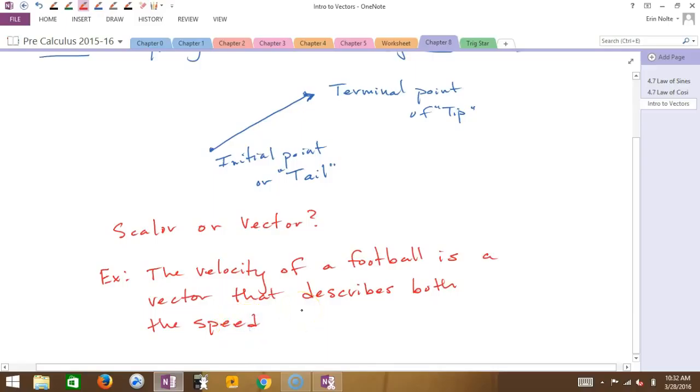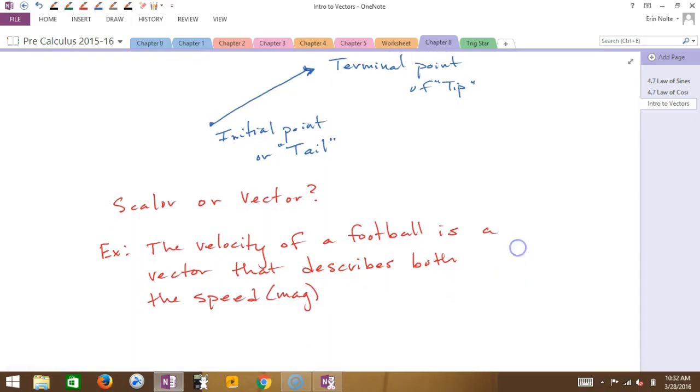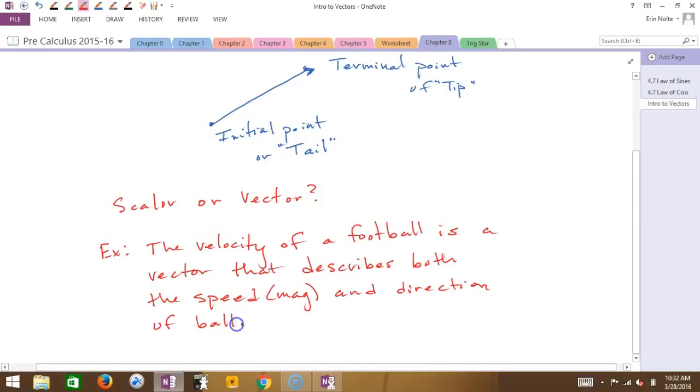Do you think that the speed is the magnitude or the direction? Zach, Jeff, zip it. Thank you. Okay, that's in reference to the magnitude. So the speed is like the magnitude. And the direction of the ball. Perhaps the ball was thrown at a 45-degree angle or something, with initial velocity.